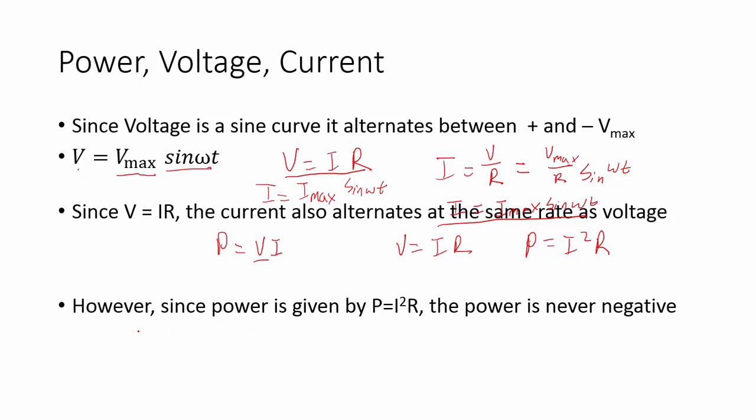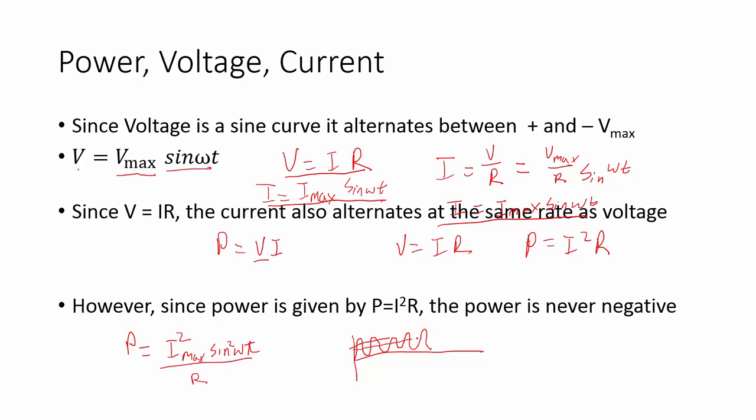However, it is sinusoidal, because we get P equals I squared R, and I, remember, is I max sine omega t, with a lowercase t. So P equals I max sine omega t, squared, all over R. That means we're never going to have a negative power, but we are going to have a power curve that is varying in time. It's going to be a sine curve, but that sine curve is always above the zero line, and it's not constant power.